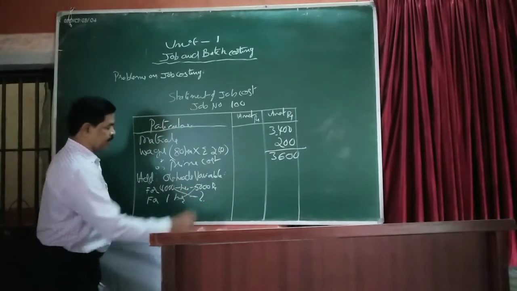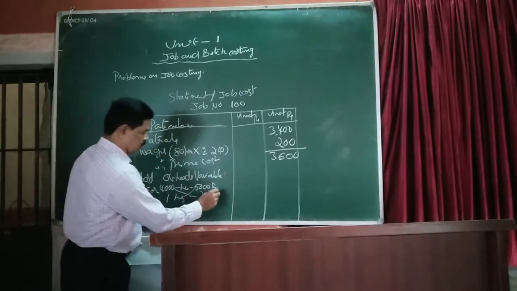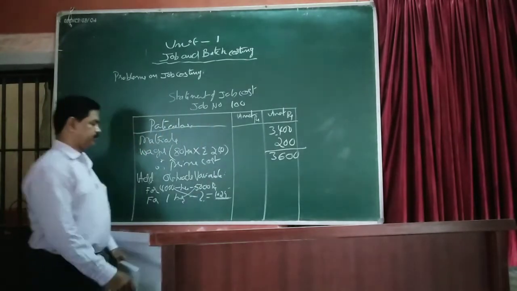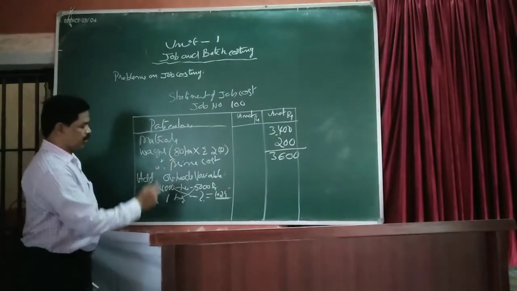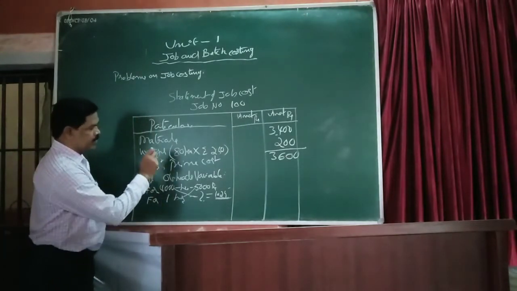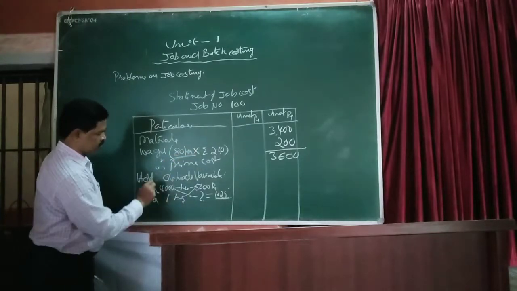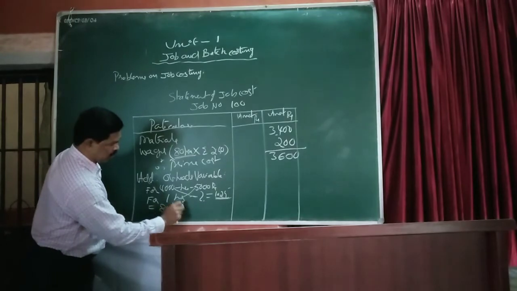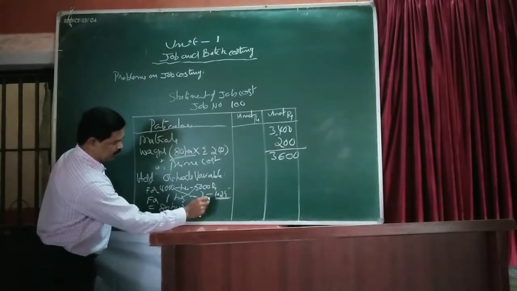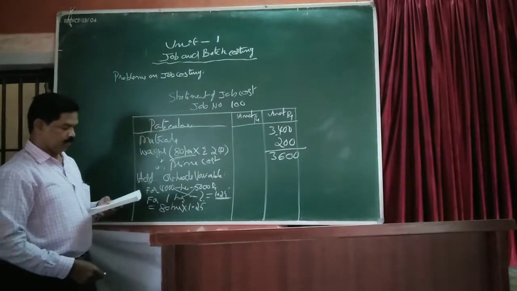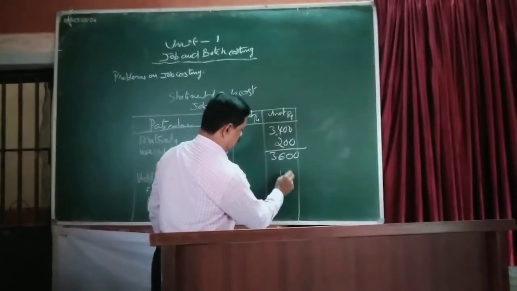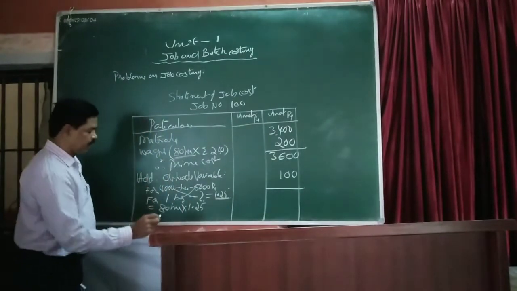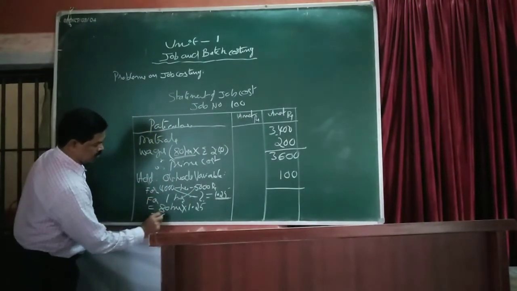By cross multiplication you will get it: 1 rupee 25 paise. So to complete this job, 80 hours were incurred. So variable overhead is equal to 80 hours multiplied by 1 rupee 25 paise. So you get the variable cost, which is 100. Now the total cost. Here there is no other variable overhead, so you get the total cost.